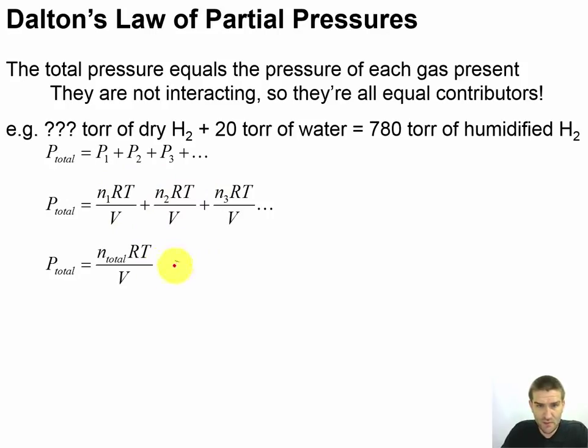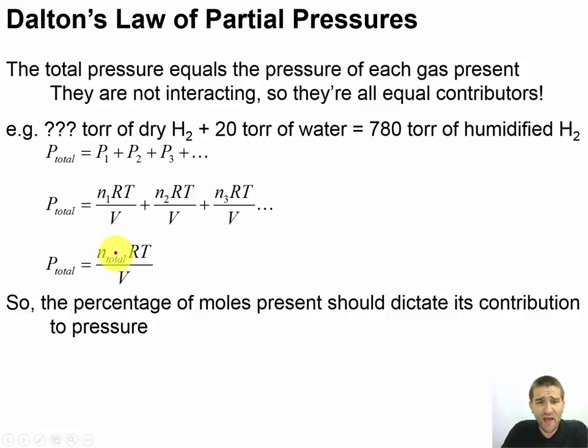So it would be equals N1 plus N2 plus N3, and on and on and on, times the RT over volume. You can see that these are the exact same things that we've just said. So we can specify each and every one of those, or we can just say the total number of moles is all that matters. That's the same idea.